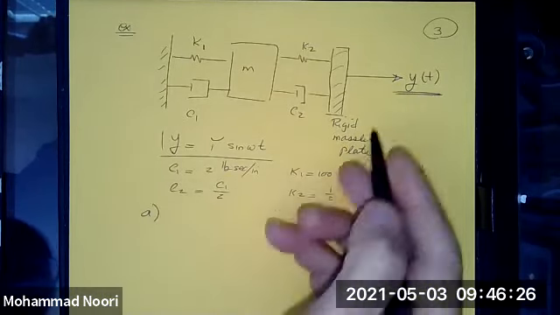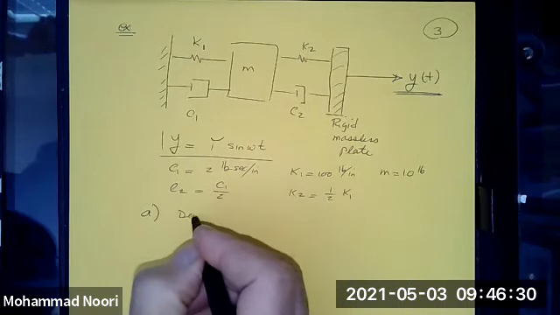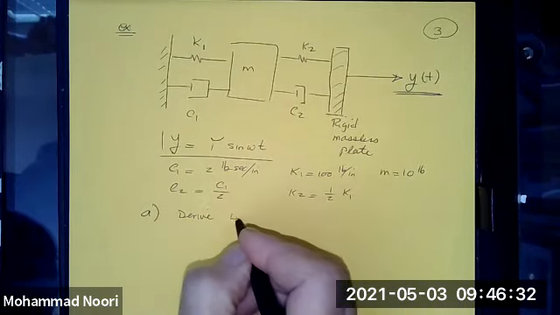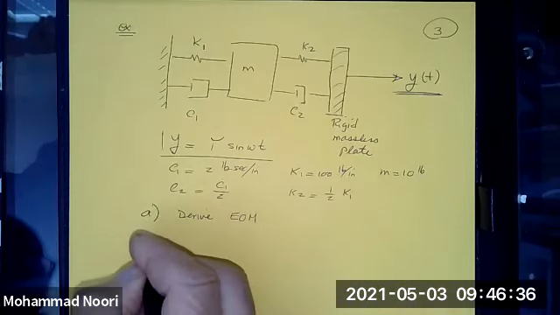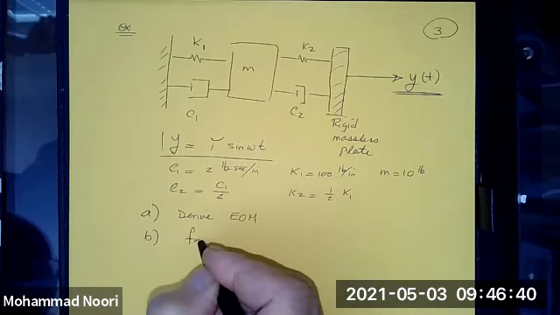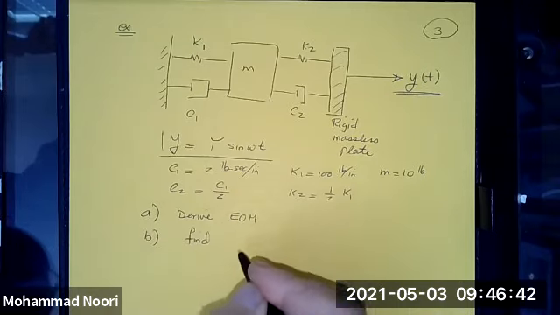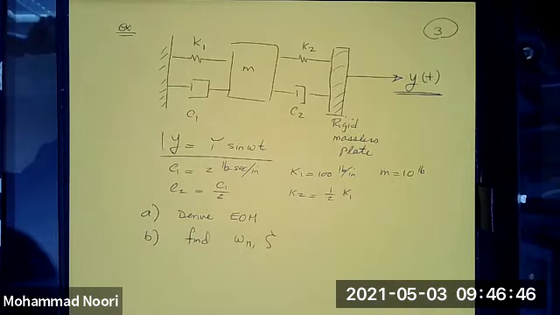What this problem is asking for is this. First, given the input displacement, we want to derive the equation of motion. We also want to find the natural frequency and the damping ratio of the given system.